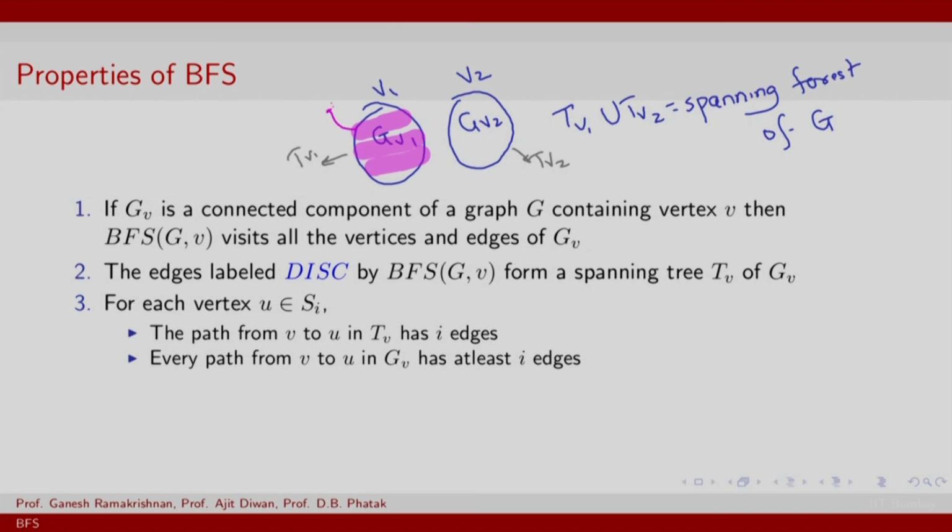What we are saying here is that the path from V to U in TV has i edges if U belongs to Si, and every path from U to V in GV has at least i edges. What this means is that the path from V to U in TV is the shortest path.